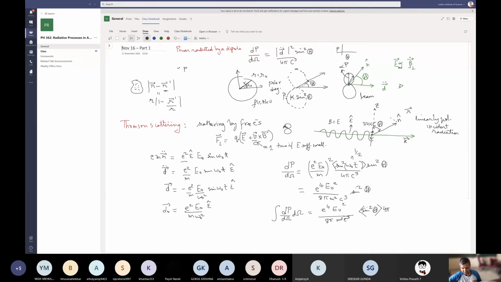So sine squared theta averaged over all solid angles is what? It's 2/3. And cos squared theta averaged over all solid angles is 1/3. You can actually see that. So what you get is e to the 4 E naught squared by 3 m squared c cubed. This is your total power, which is emitted by this oscillating electron.